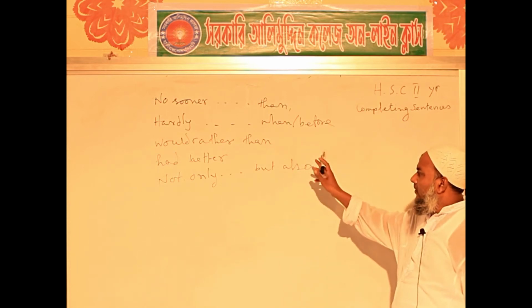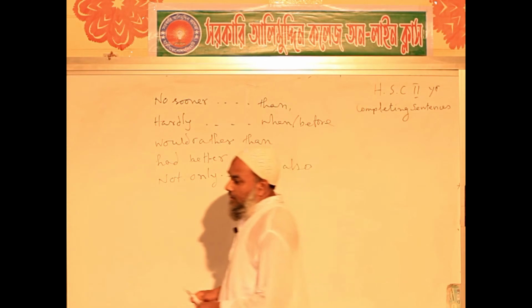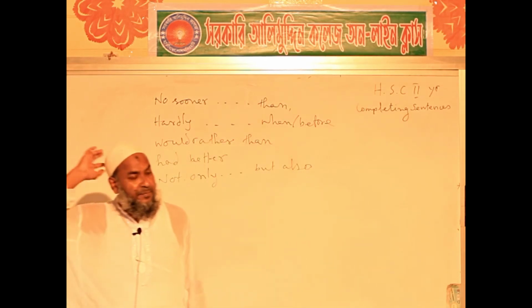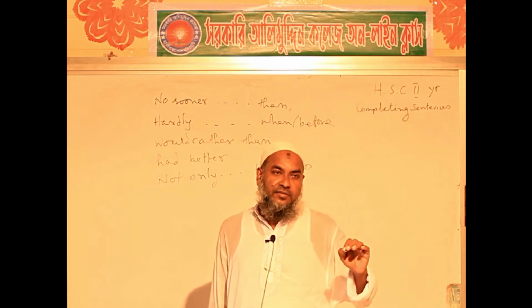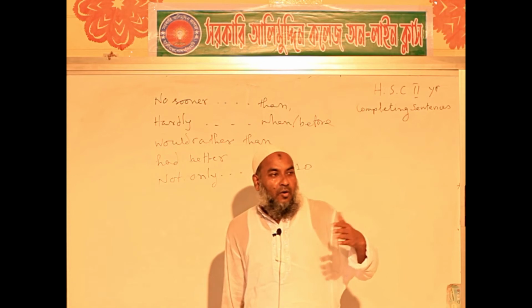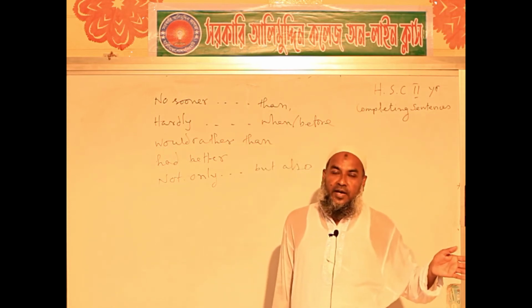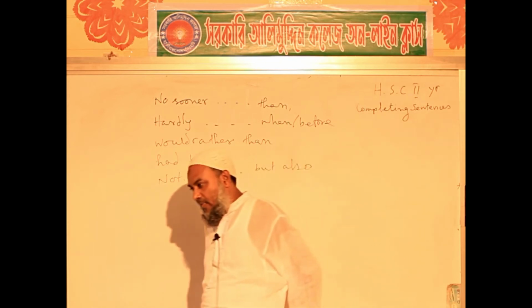Then would rather than, had better, and not only but also. You know that in the exam paper you will be given a sentence for half or a quarter or one third, and students have to complete the other parts.